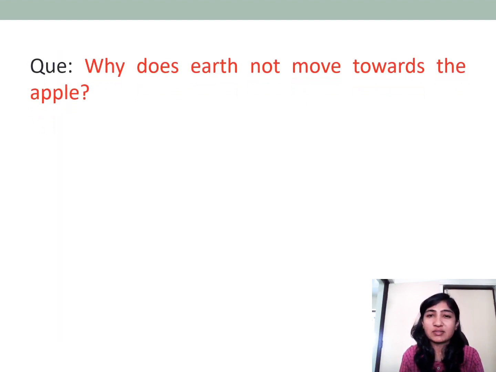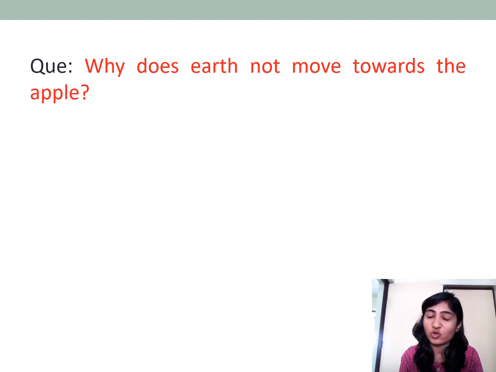So why does Earth not move towards the apple? As we have seen in Newton's law of gravitation, every object in the universe attracts every other object. So we said that the apple is falling on the earth, meaning the earth exerts force on the apple. But the apple is also an object in the universe, so it also exerts gravitational force on the earth, right?